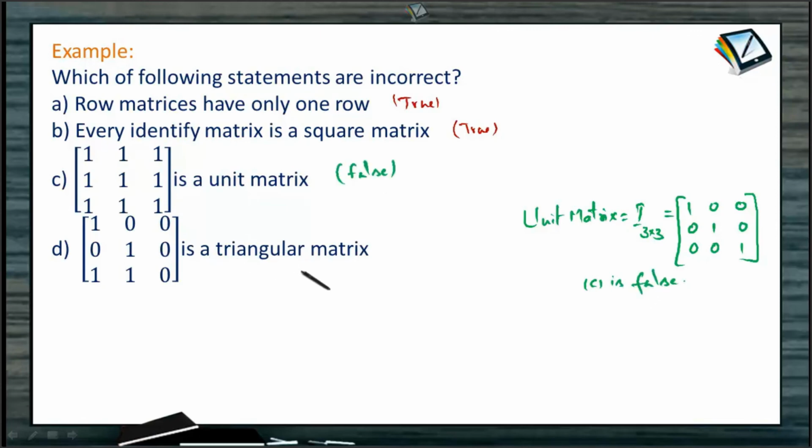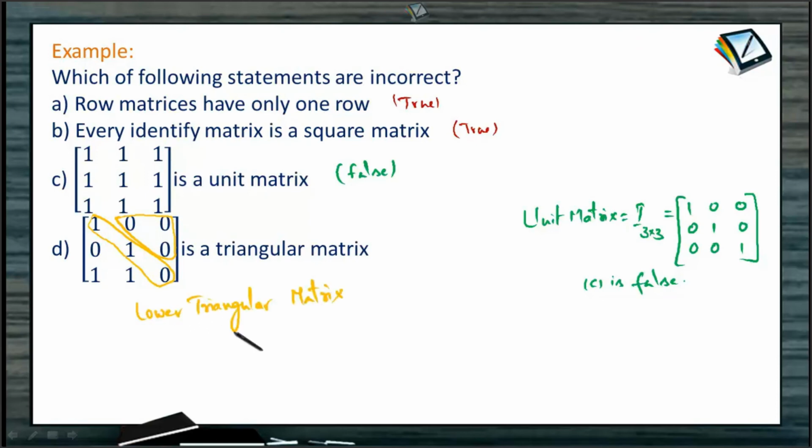Now let us see what the next option says. Is this a triangular matrix? Yes, because if you look at the entries which are to the right side of the principal diagonal, all elements are 0. So in fact this is a lower triangular matrix, isn't it?